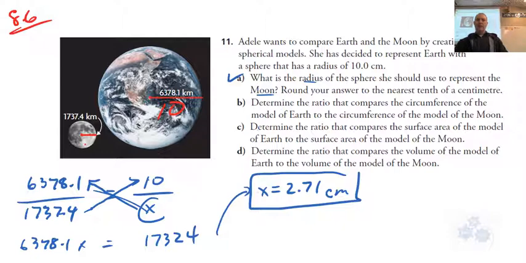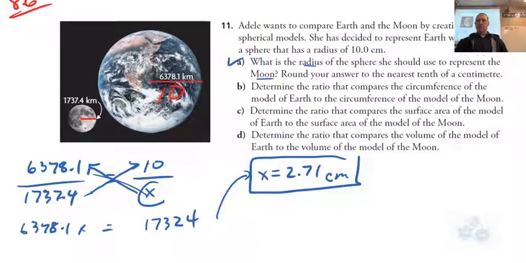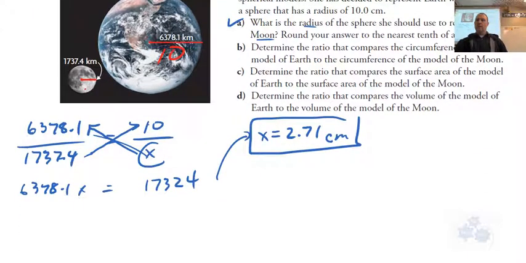Check. B says determine the ratio that compares the circumference of the model of the Earth to the circumference of the model of the moon. So we'll use the models. If we have the Earth here, the circumference is the distance around. Don't get confused with the area. And here's the moon.